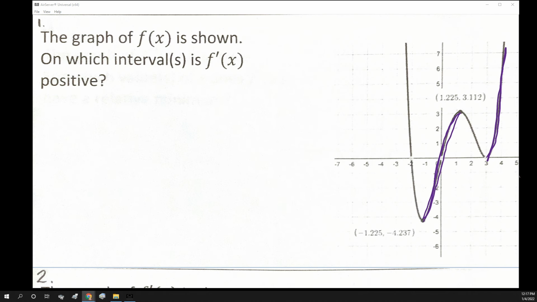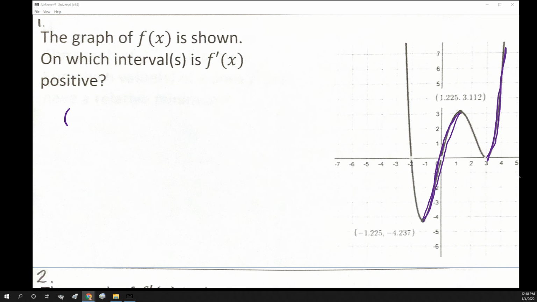And on your paper, please don't write on the cards, because we're going to use them with the second period class, and then I'll probably use them again next year. Anyway, when we're given these intervals, of course, we're going to use x values.